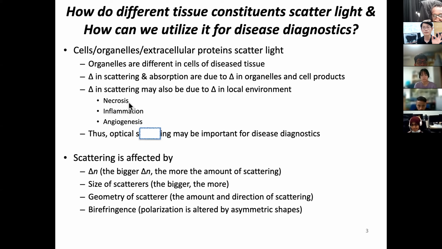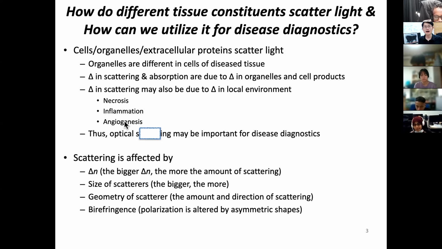That means there's an inflammation process going on. And inflammation is very good for us because it tries to heal, and wound healing is happening. And in some cases, angiogenesis. There is a good aspect of angiogenesis and a bad aspect of angiogenesis, such as in cancer.